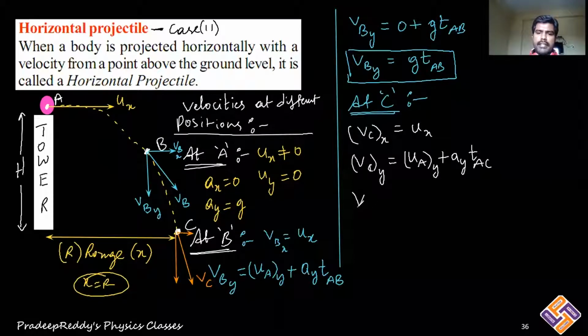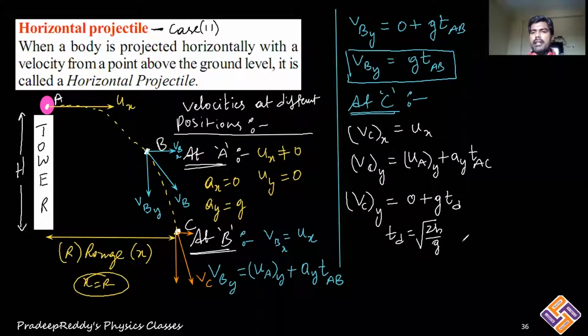Therefore, velocity at C along y direction is equal to 0 plus g into time taken to travel A to C, which is nothing but time of descent. Time of descent is equal to under root 2h by g, which we have already derived in motion under gravity.